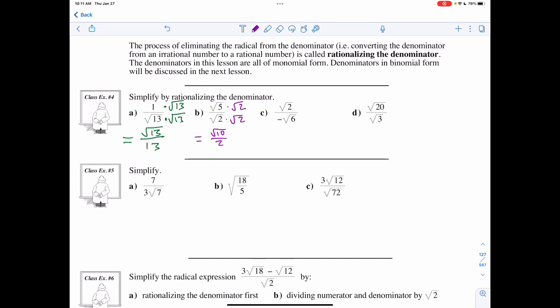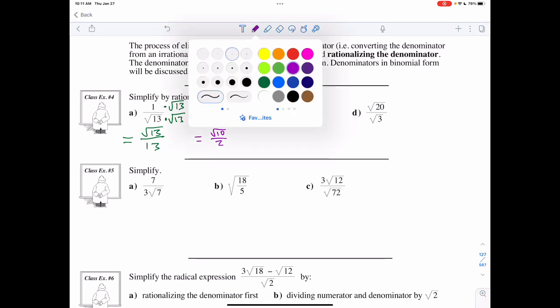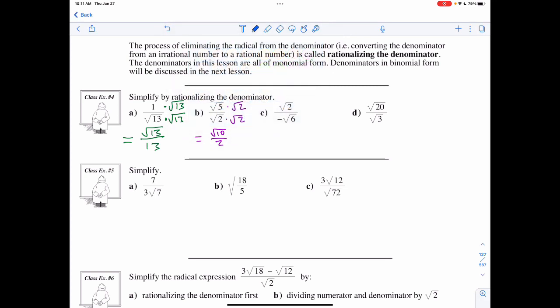When I get to the next example, I'm not too worried about the negative, but I do need to multiply by the square root of 6. This is going to give me the square root of 12 over negative 6.